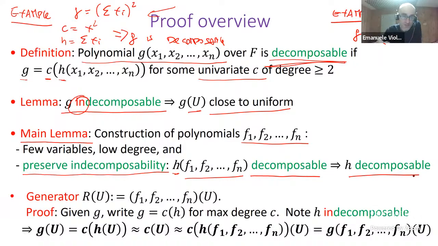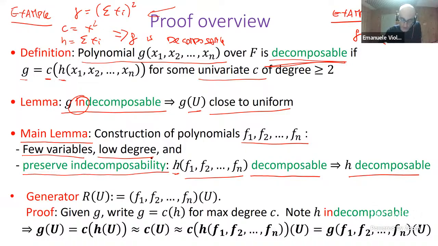So they preserve indecomposability. The polynomials also need to have few variables and low degree, because you are going to pay for all these things in the seed length. But the key property is that they preserve indecomposability.